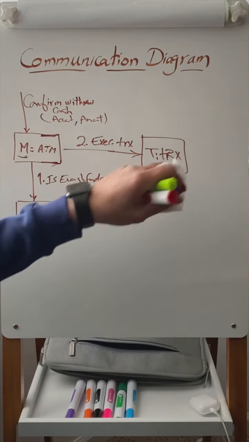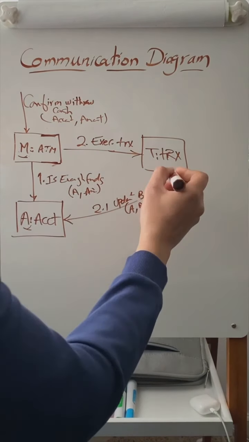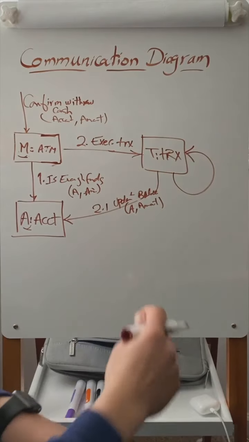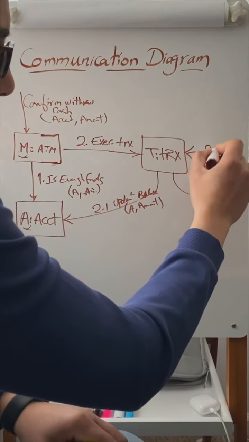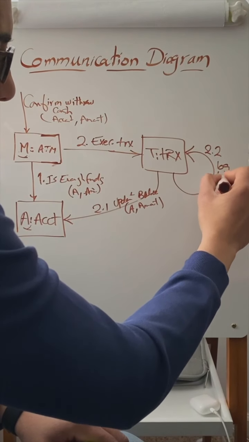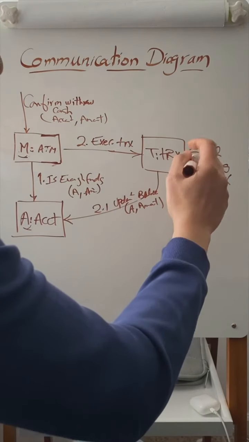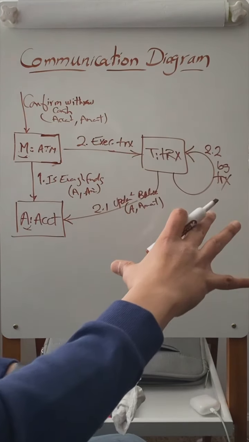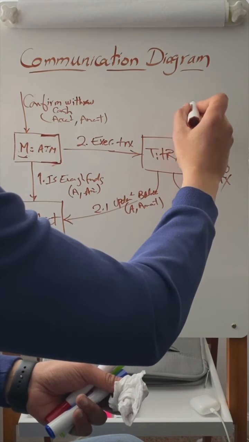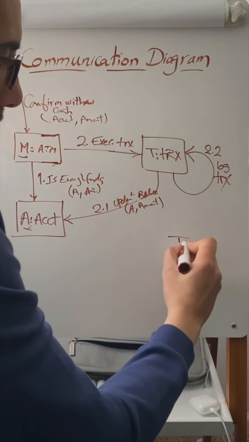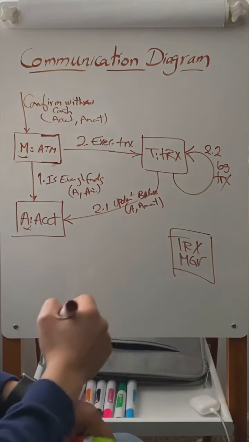The second thing when we did execute transaction was to log the transaction itself. So to introduce the concept, 2.2, I would log the transaction. Maybe we decide we are introducing another entity called transaction manager, and this will go to it.